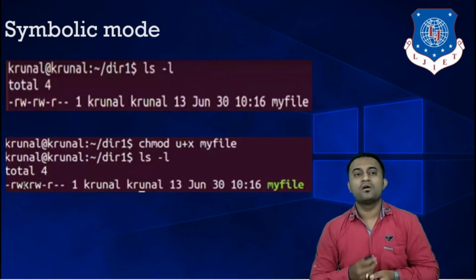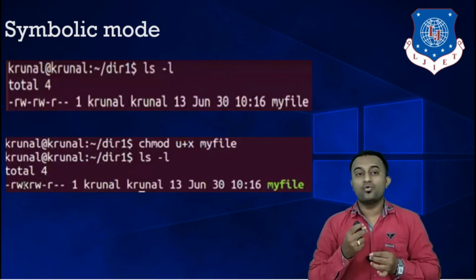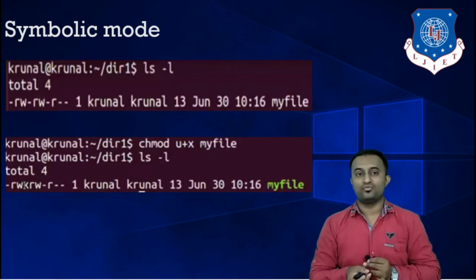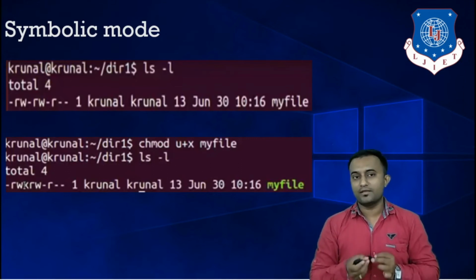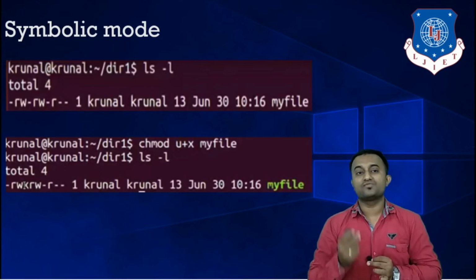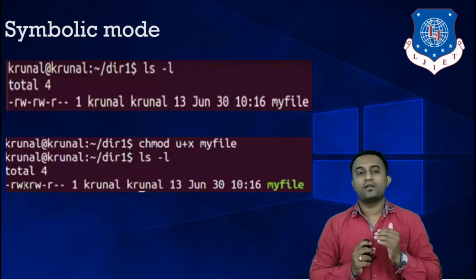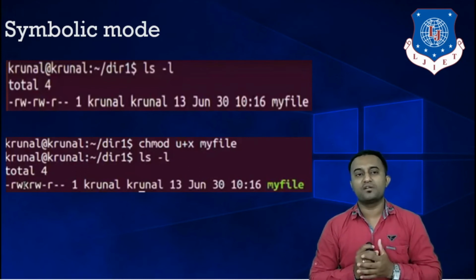So it means the owner of this particular file can execute this file also. In the earlier scenario, this access right was not there. Execute right was not there. But now by firing this command, the owner of this particular file can execute this file as well.